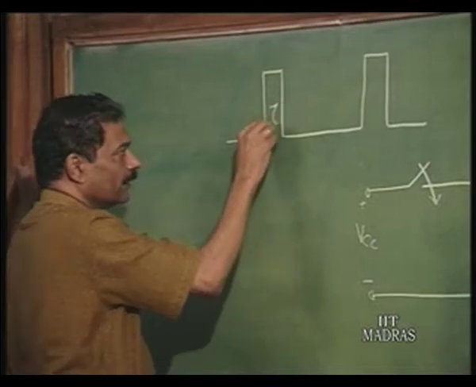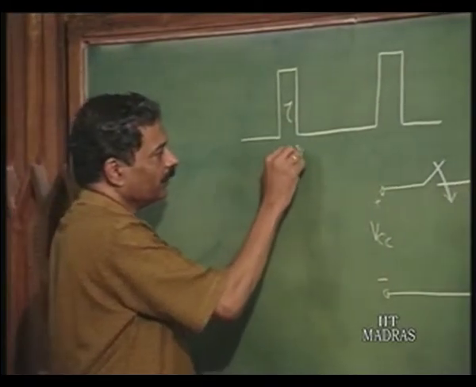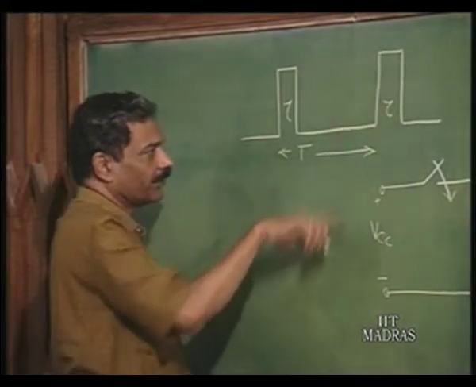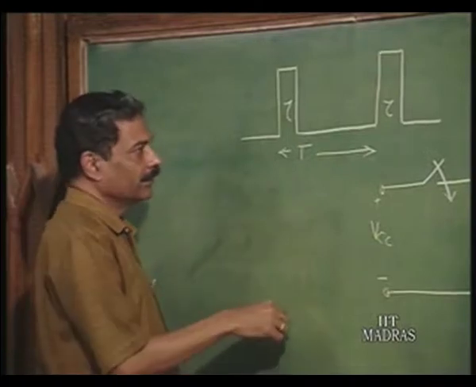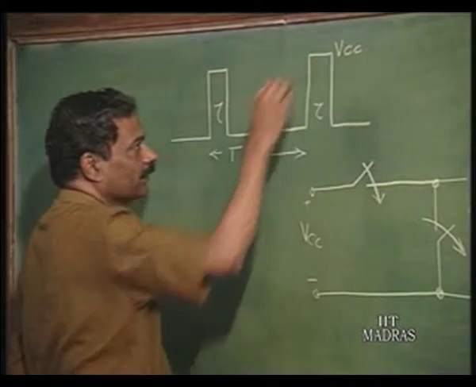Let us say tau is the time for which it is closed. When this switch is periodically switched with a time duration t period, then this is, let us say, VCC.